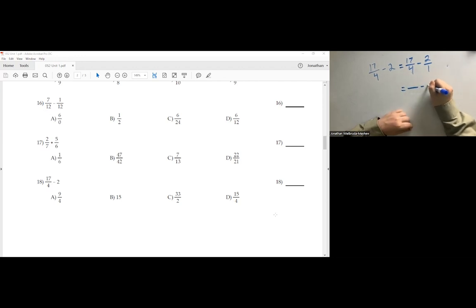We would need the same number on the bottom of both. That's going to be 4, the least common multiple of 4 and 1, which means the 17/4 doesn't change. 1 times 4 is 4. 2 times 4 is 8. And then 17 minus 8 gives us 9/4.